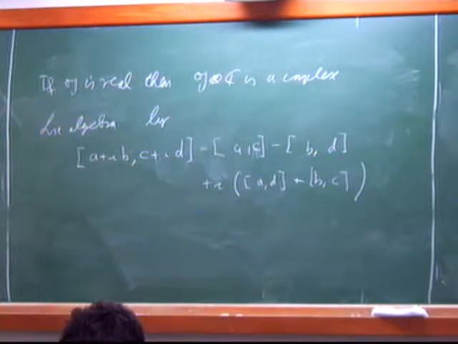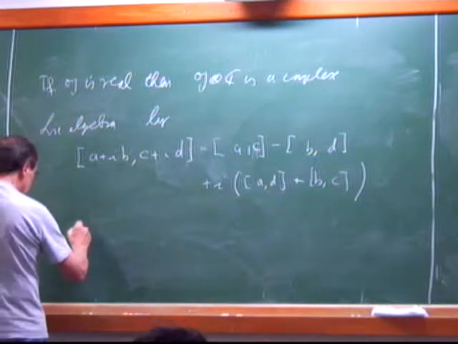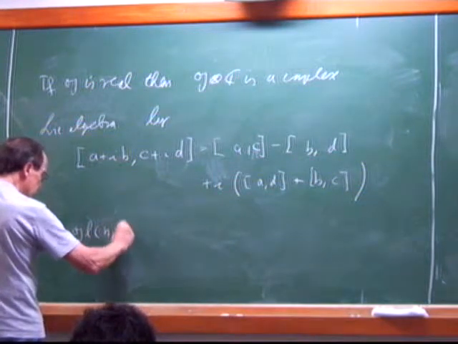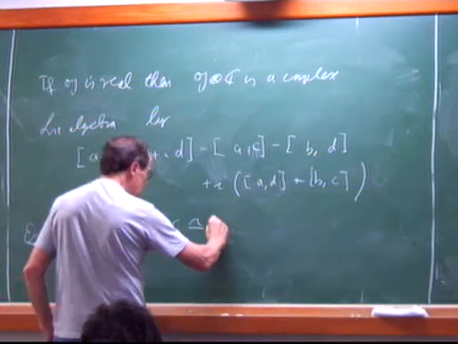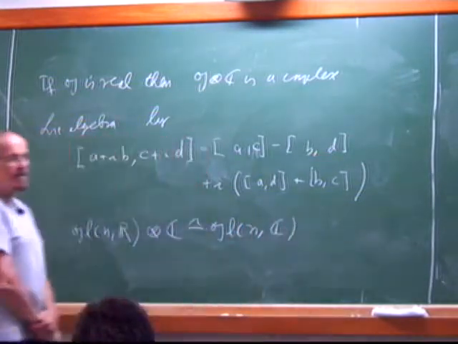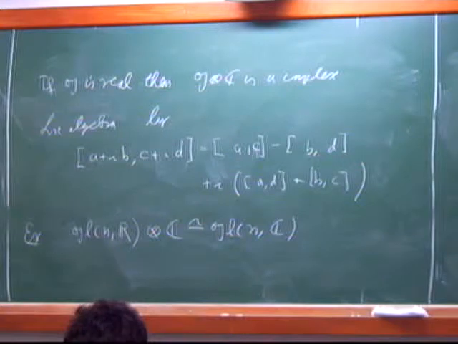So that becomes a complex Lie algebra. That's easy to check. So for example, if I take GL(n,R), its complexification is, by definition, if you want to, the same thing as GL(n,C). GL(n,C) is A plus iB, where A and B are real matrices. So GL(n,C) is a complexification.